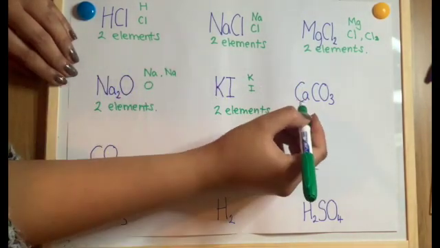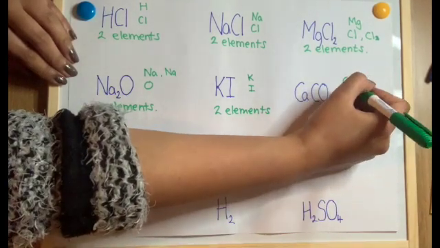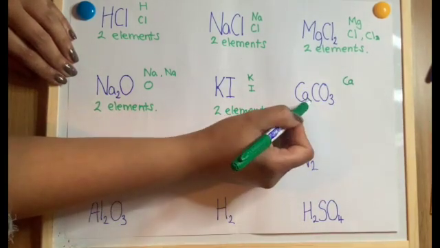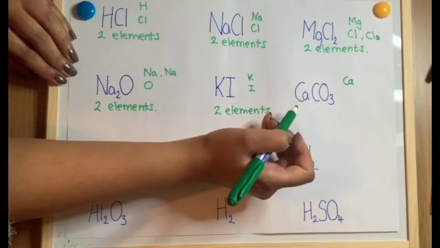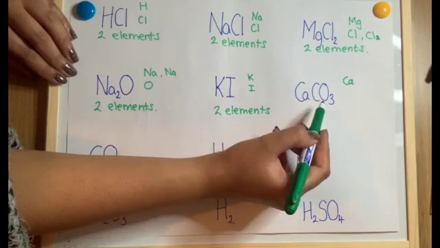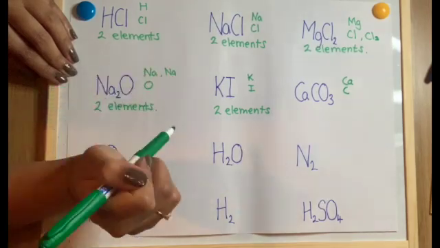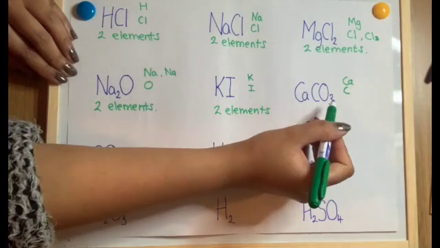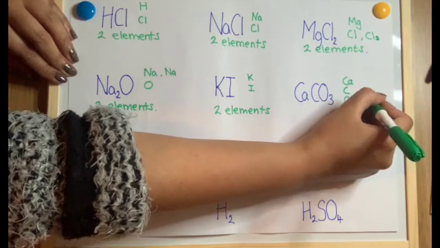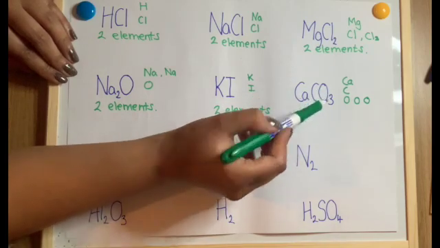Now, if I look at my next one, I have a capital C and an a. So a capital C and a lowercase a, they go together. No number in front of the lowercase a, so that means I've got one Ca. Then I have a capital C. No number in front of my capital C, so I only have one. And then I have a capital O, but then I've got 3 in front of it, which means in this molecule I've got 3 oxygens.